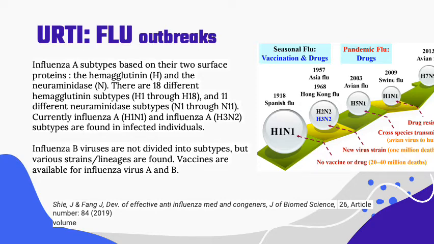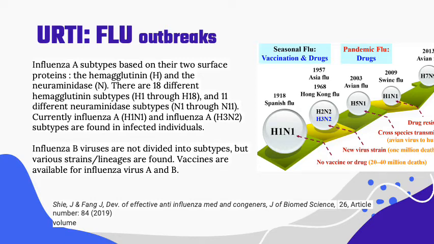Influenza can be distinguished from the common cold by the presence of two surface proteins, the H and N proteins, hemagglutinin and neuraminidase. And when we review the history of pandemics, many of these pandemics were due to the influenza A type of virus.